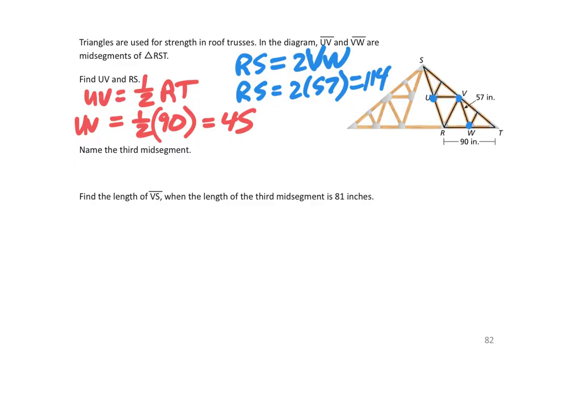Okay, we already identified UV and VW, so the third one that we have not talked about yet, and the reason why they didn't talk about it is because there wasn't anything connecting those two. But that would be my third segment. Okay, and that would be UW.